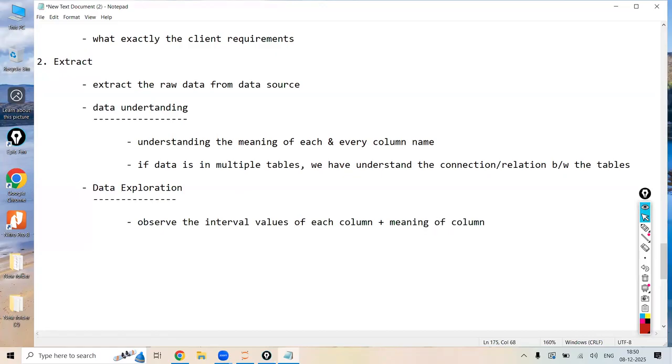We have to understand that by observing the internal values, that is, the unique values.